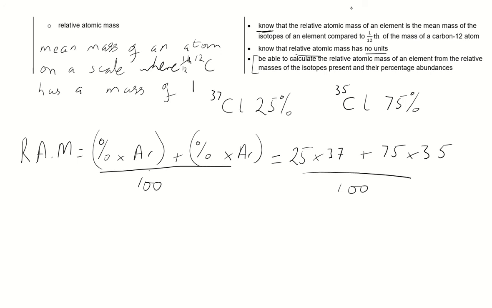You're working out the mean. It's like saying 25 people weigh this much, 75 people weigh this much. So what does the average person weigh? And as you can see, that's basically how we are working it out here. So if we hit all of that into a calculator, what you'll get is the 35.5.